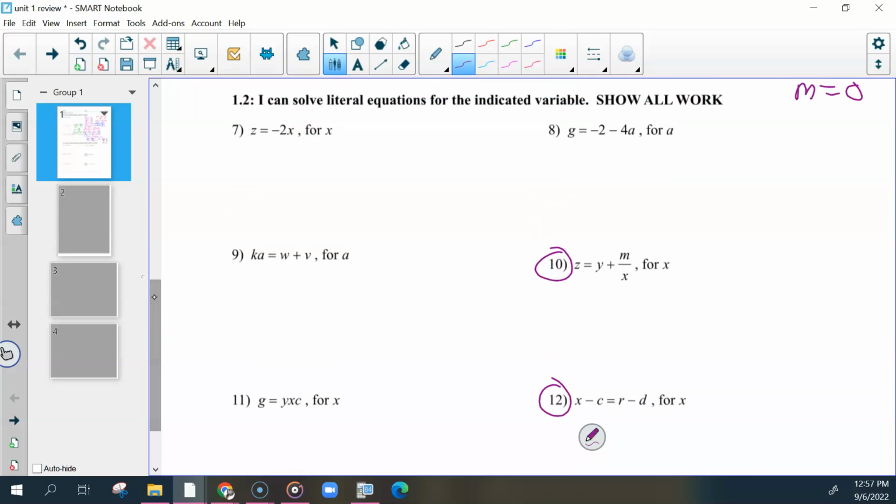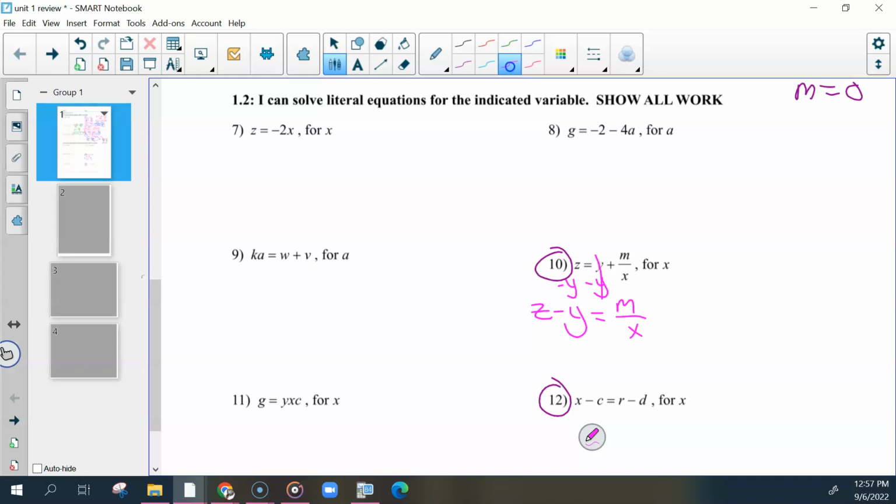So for 10, we're trying to get x by itself. We can get rid of y by subtracting it to the other side. This is kind of like on the quick check when we multiplied both sides by v and whatever that was, 3.